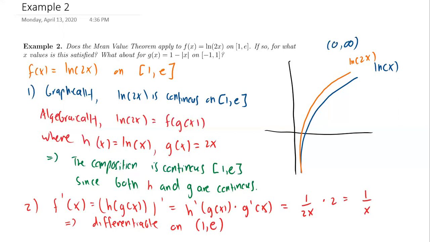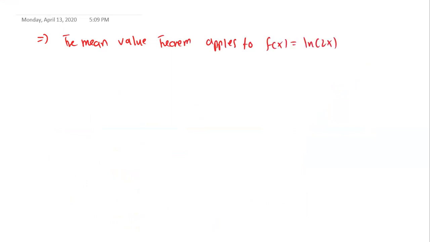So let me go to another page. The mean value theorem applies to f of x equal to ln of 2x on the interval. So let's use again the whole interval because it works everywhere, 1 to e.